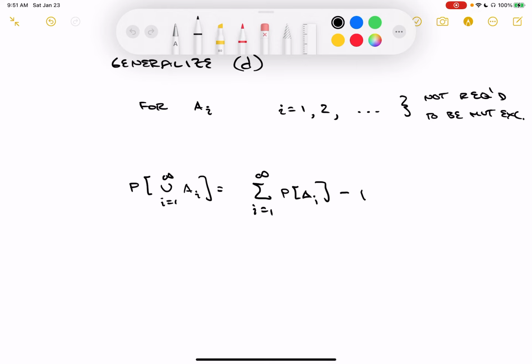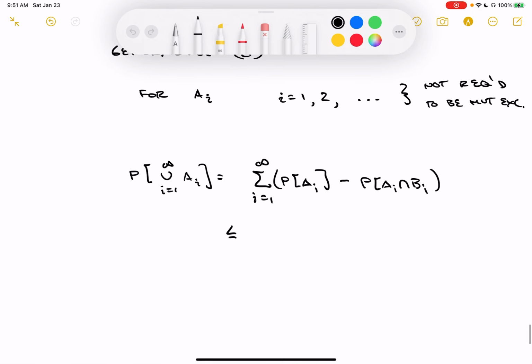Let's put that all as part of that sum, which we know is less than or equal to the sum of just the probabilities, because those overlaps, if they're present, would only increase the overall value.